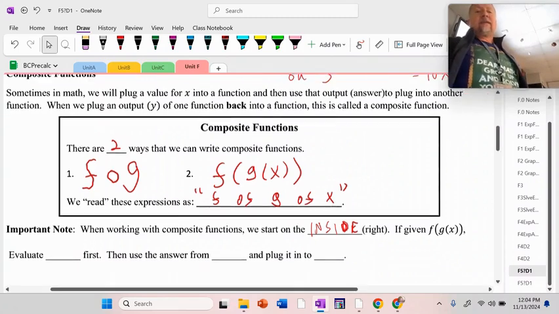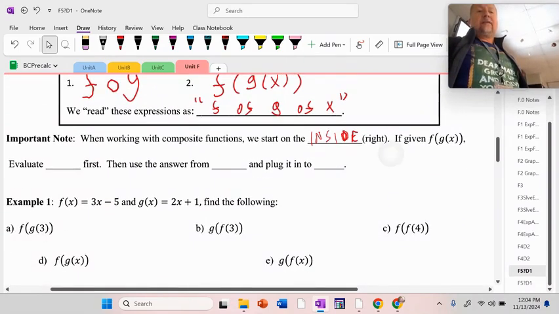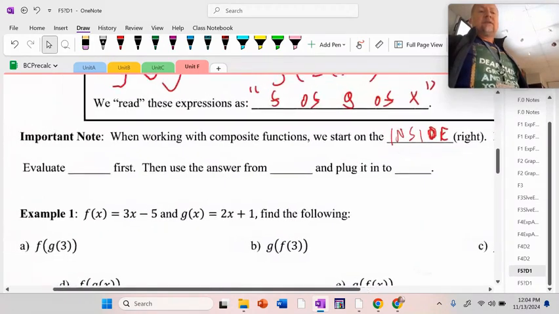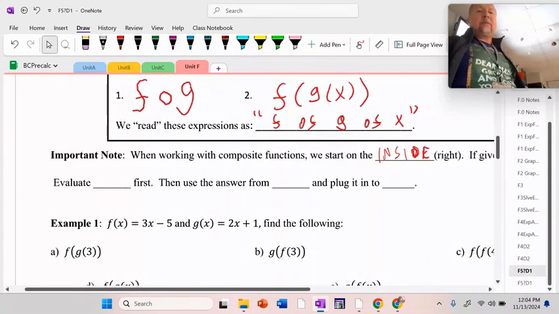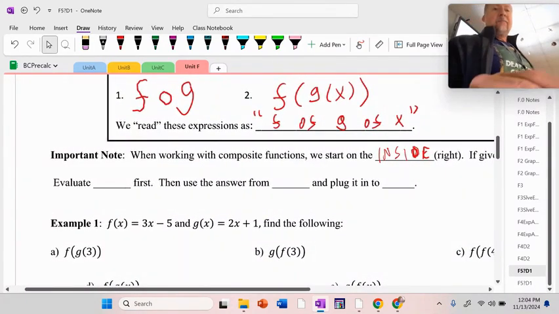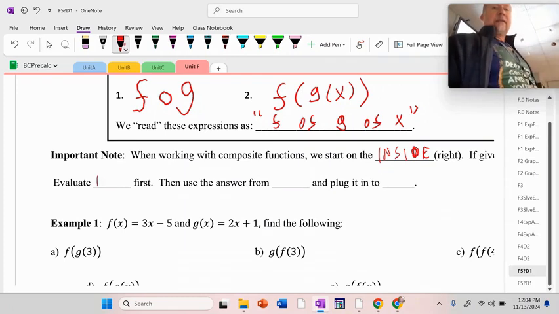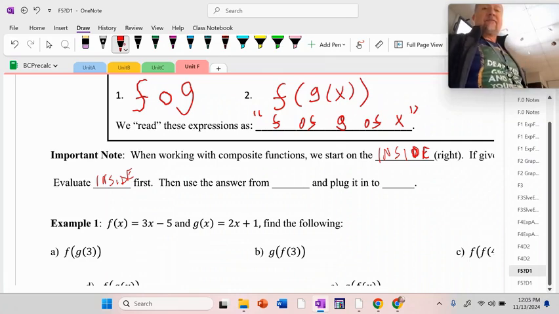Okay, so then I do have the inside out thing. And then these questions like A and B, it just means that you evaluate the inside first, but it doesn't apply to C and D. And then use the answer from the inside and plug it into the outside.